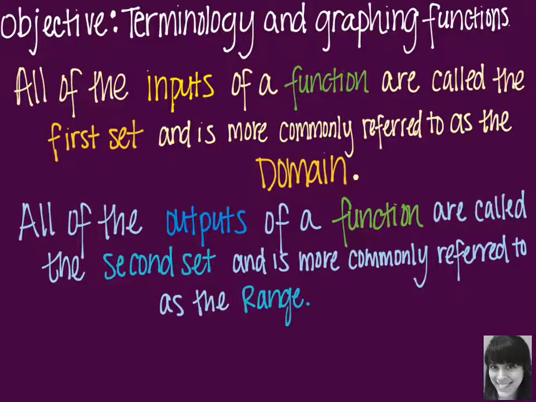Okay? So again, all of the inputs of a function are called the first set, which is also the domain. All of the outputs combined are the second set, called the range. So if they say second set, think of the range. If they say first set, think of the domain.